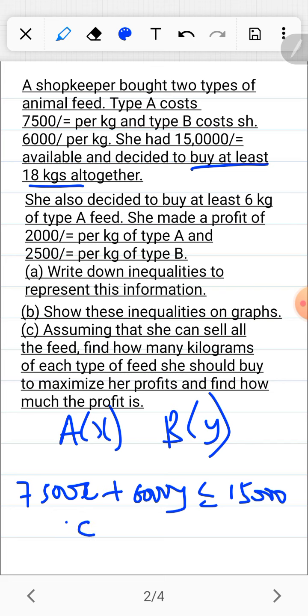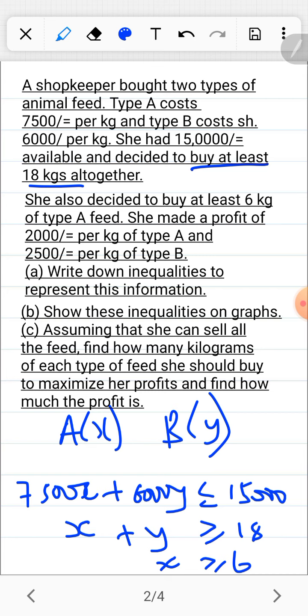So when I add items of X and items of Y, should be at least 18 kilograms altogether. So at least is greater or equal to 18. She decides to buy at least 6 kgs of type A feed. So A, just A by itself, must be at least 6 kgs.